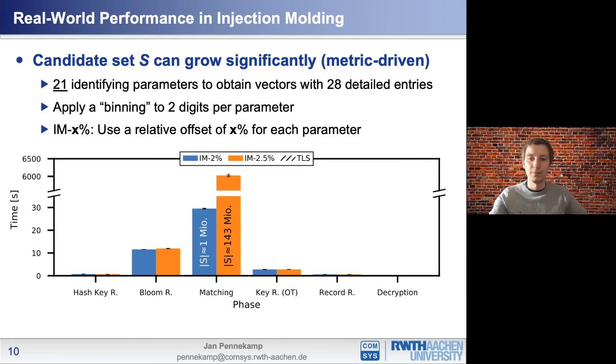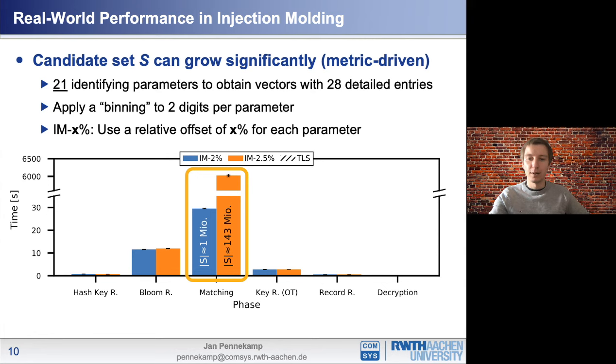When evaluating this setting, we can see that again, the matching phase constitutes most of the runtime. So for our relative offset of 2%, we have a candidate set of only 1 million possible matches. However, this increases to more than 100 million entries for a relative offset of 2.5%.